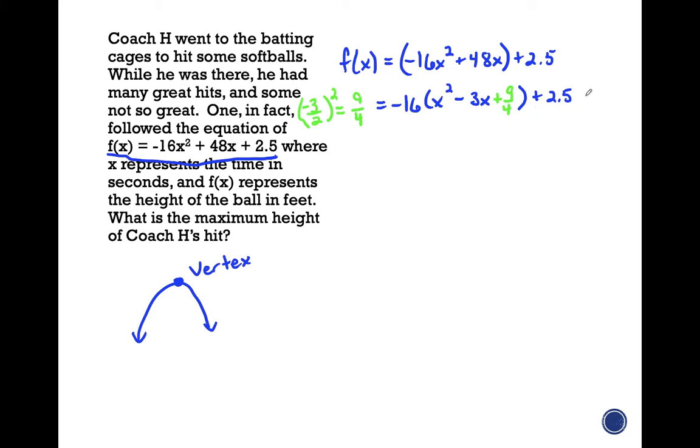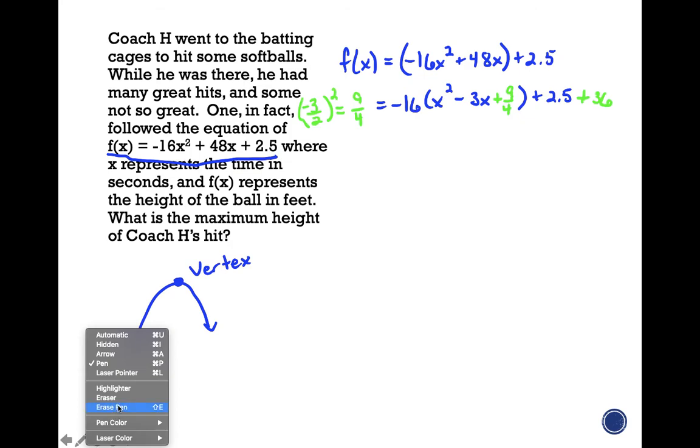So to balance that, I need a positive 36 on the outside. Again, whatever I add into the equation, I have to balance somewhere, and I'm adding it this time because when I take 9/4 times this negative 16, what I've really put into this function is a negative number. So let me go back and switch to my blue, and we'll finish out this problem.